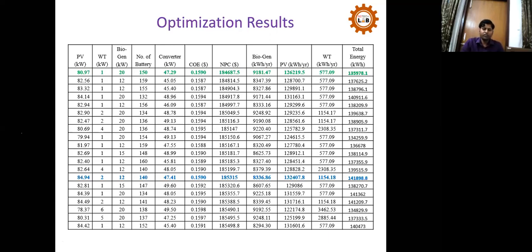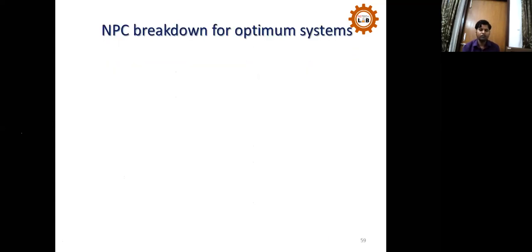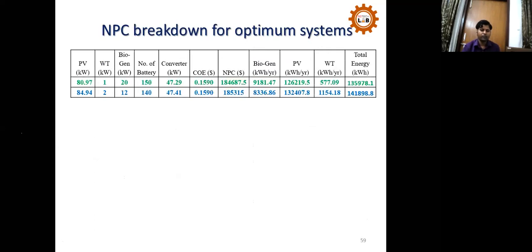Then you can see which system will be generating more energy; I have marked it in a different color here. It is generating maximum energy. You can also see how much energy it will be generating from each source individually, from solar, wind, biogenerator, and how much annually. You can also do other analysis, like the cost breakdown, for the two systems I have shown earlier: one is minimum cost and this is maximum energy.